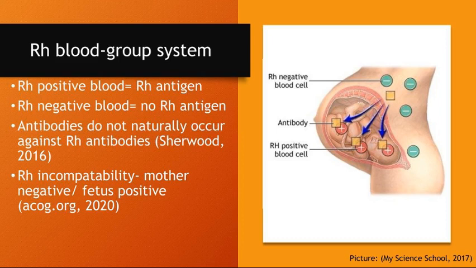Rh incompatibility is when a pregnant mother is Rh-negative and the child she's carrying is Rh-positive. When the woman is exposed to Rh-positive blood from the fetus, her body creates anti-Rh antibodies, which could possibly attack the blood cells of the fetus, leading to serious health risks such as anemia, jaundice, or possibly death, often in a future pregnancy.